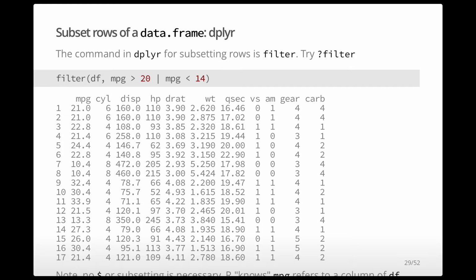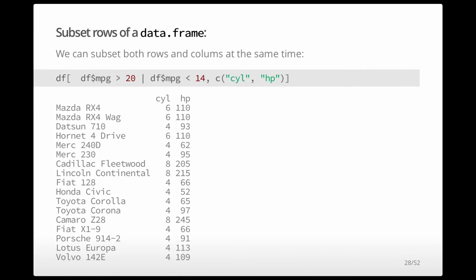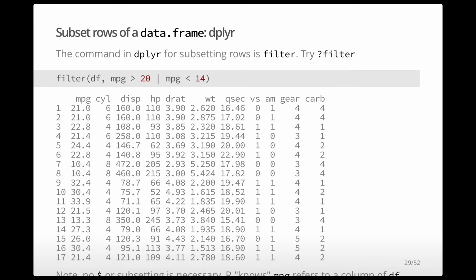MPG is greater than 20, or MPG is less than 14. You don't have to use the $ signs. You don't have to use DF $ sign like we did here. You can just say MPG, and it knows that MPG is a column of DF.